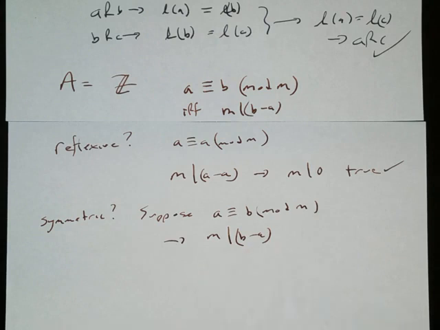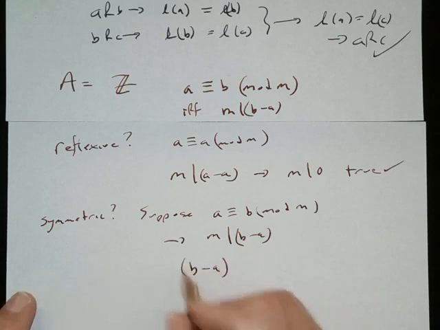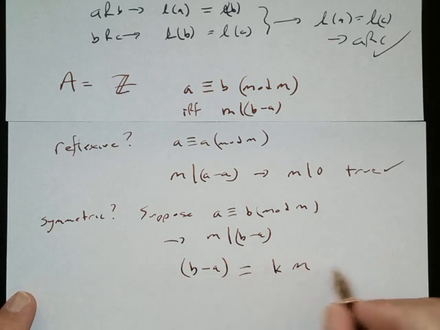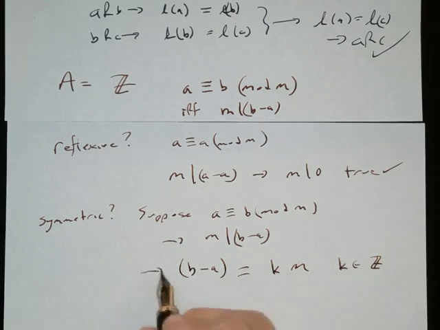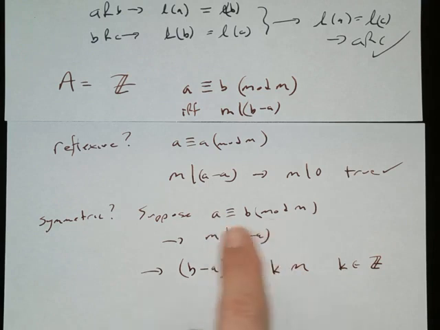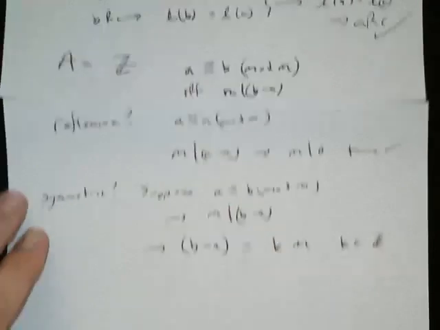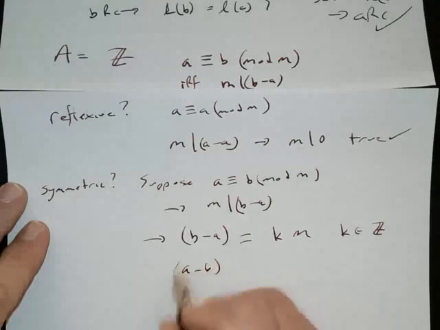Well, if m divides b minus a, that means that b minus a is k times m, where k is an integer, right? That's what it means to divide evenly. Now I need to look at a minus b, because that's going to reverse the position of all of these letters. So what do I know about a minus b?